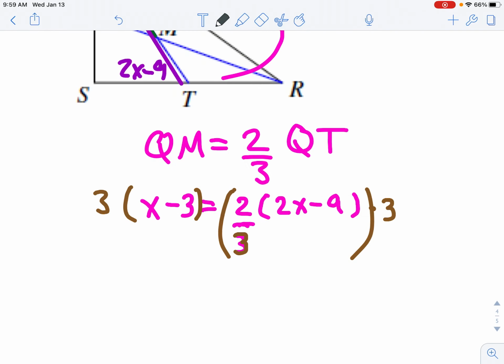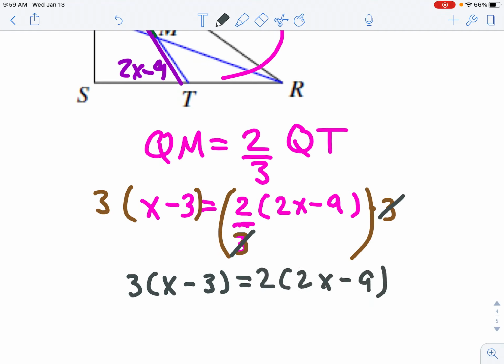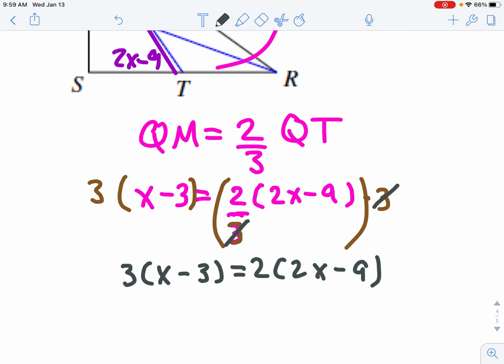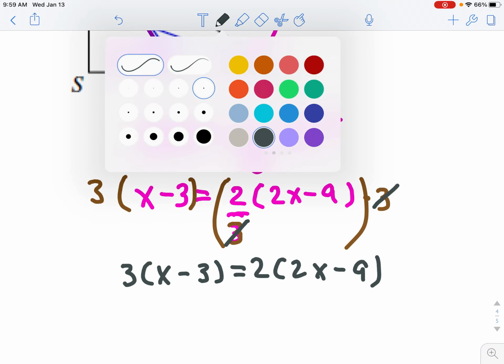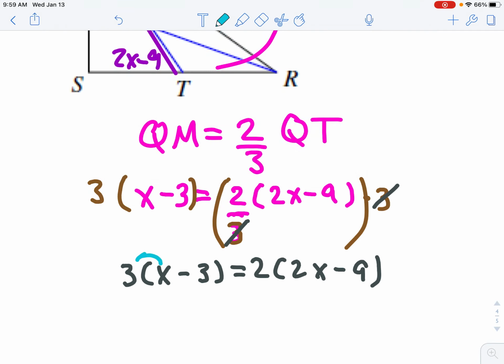Now let's focus on this right side first. Remember, the purpose of doing this was to cancel them out. If I can get through this first step, I'm in really good shape. If I can cancel those out, because then this is what I'm going to be left with. And getting over that hurdle and getting to this equation right here is important, because from here, you guys have the skills where you just know to distribute.